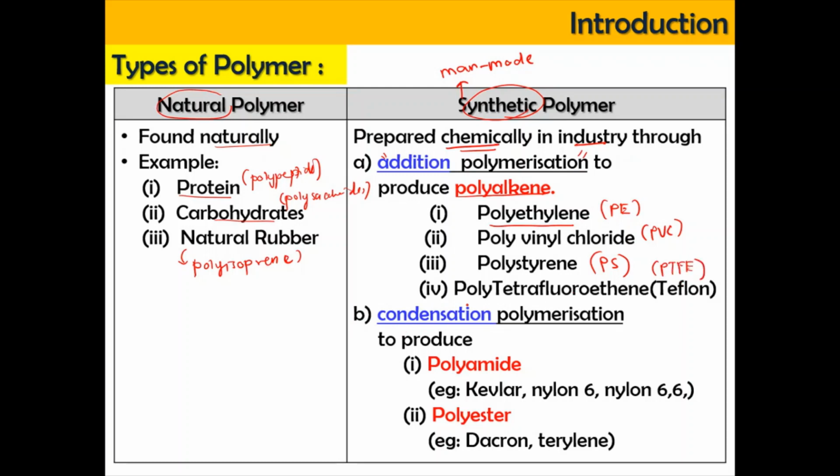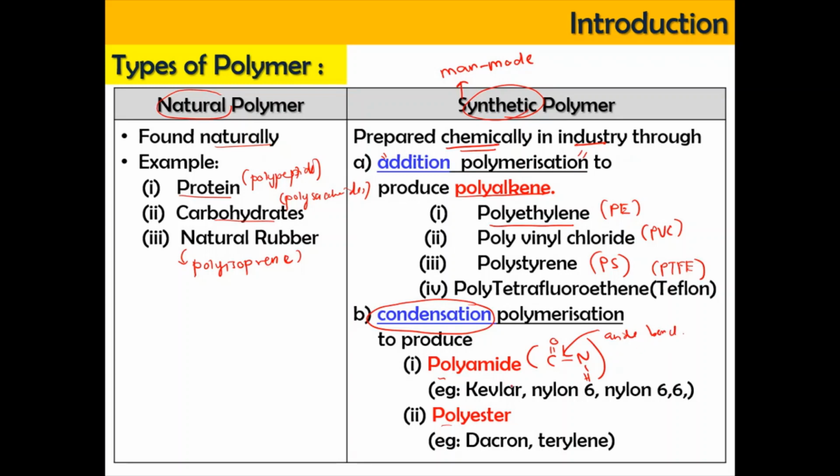Next, we're going to have the condensation polymerisation. So, condensation polymerisation is going to be further divided into 2, which is the polyamide as well as the polyester. So, for the polyamide, it basically means that the polymer is going to contain an amide class of compound, and it's going to have an amide bond.